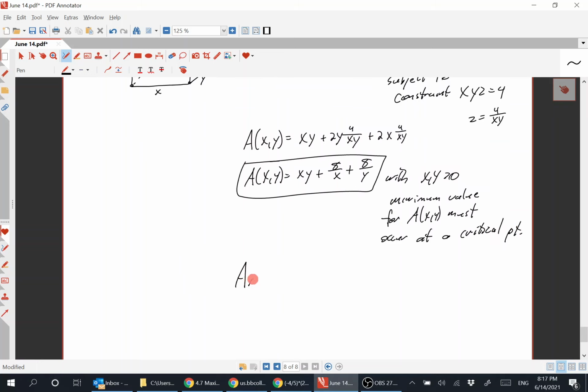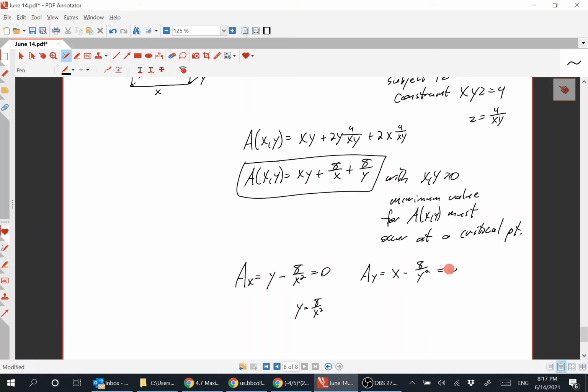Right, so the partial derivative of A with respect to x is y minus 8 over x squared equal to 0. So this tells us that y is equal to 8 over x squared. And then the partial derivative of A with respect to y is x minus 8 over y squared.